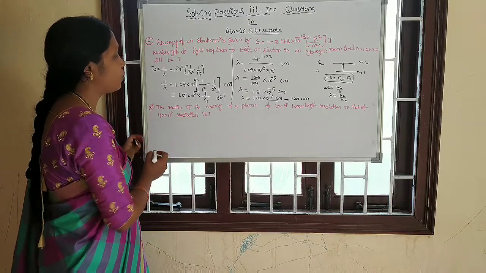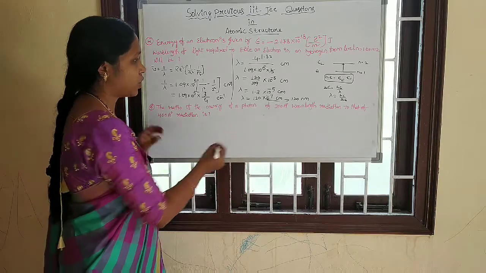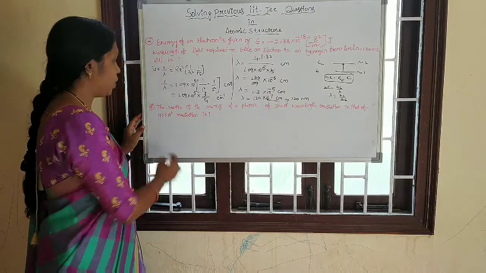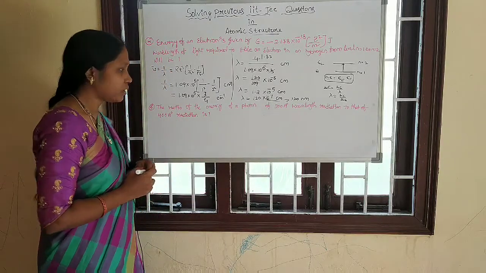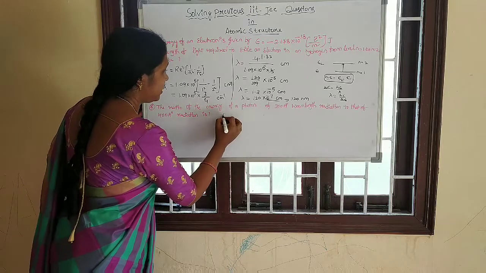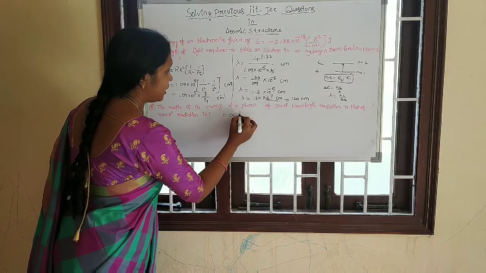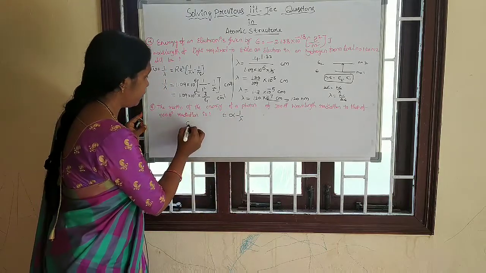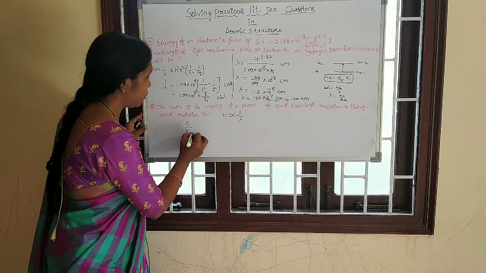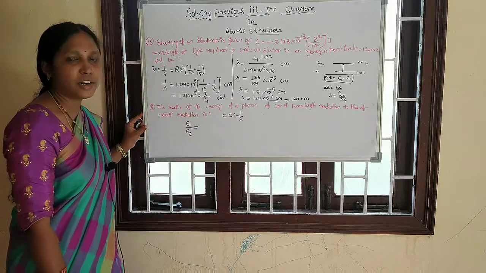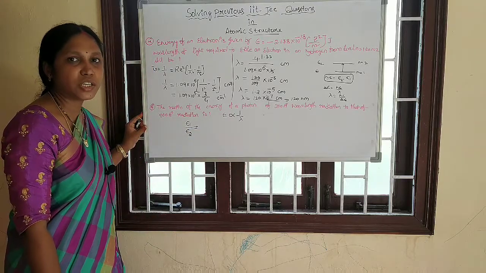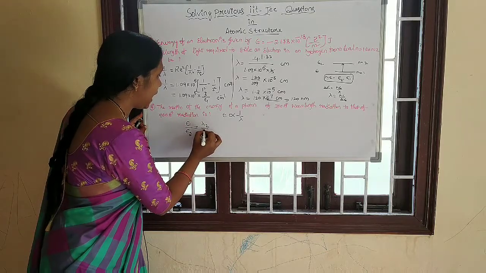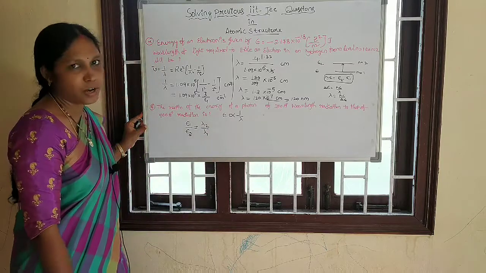The ratio of the energy of a photon of 200 angstroms wavelength radiation to that of 400 angstroms radiation. Here, what is the relation between energy and wavelength? Energy is inversely related to wavelength. So E1 by E2 is equal to lambda 2 by lambda 1.